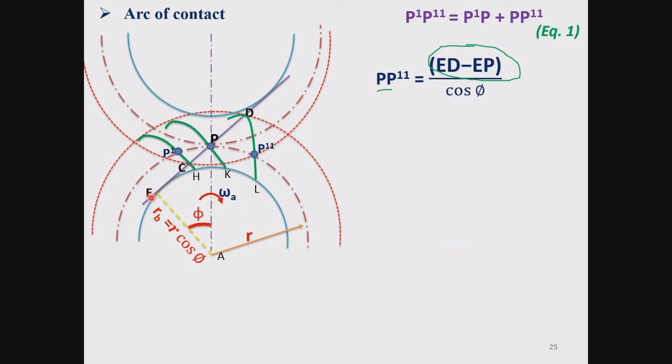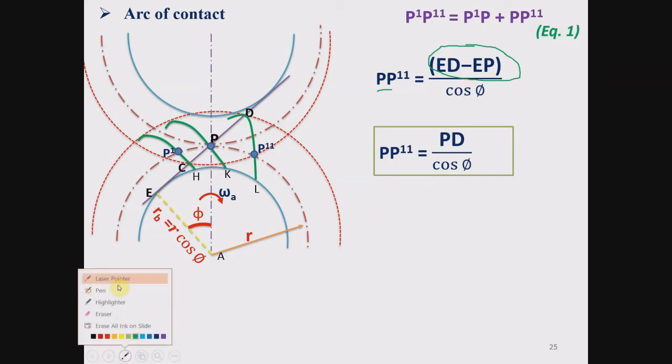ED minus EP will give the distance PD. Okay? So write down this, arc length P double dash is equals to distance PD divided by cos of phi, because ED minus EP is distance PD, correct? ED minus EP is distance PD.